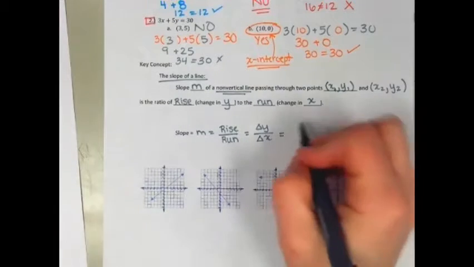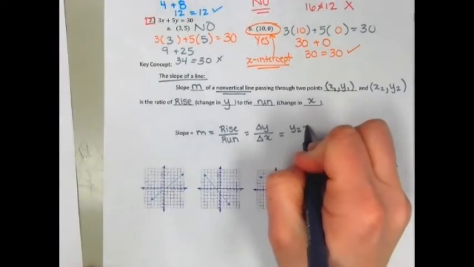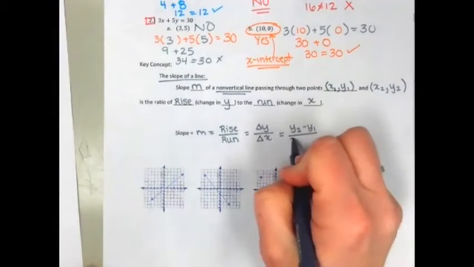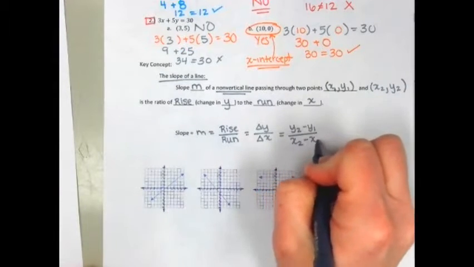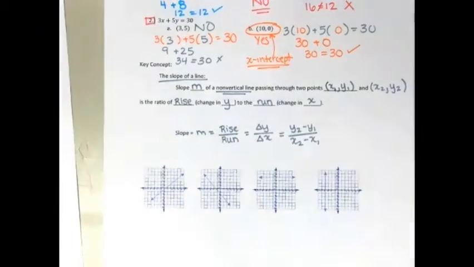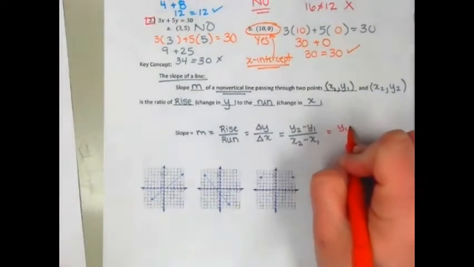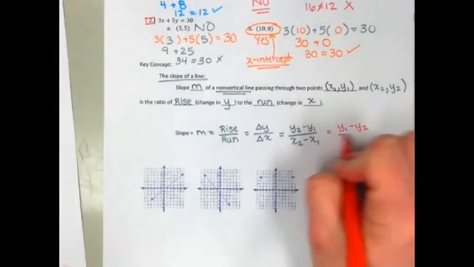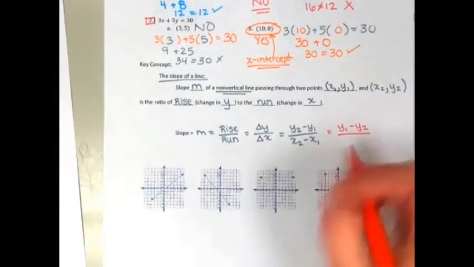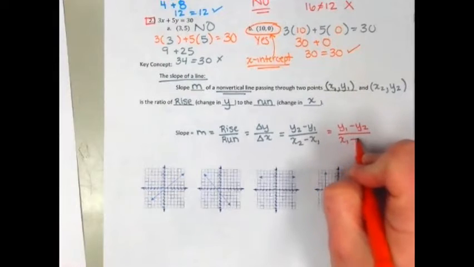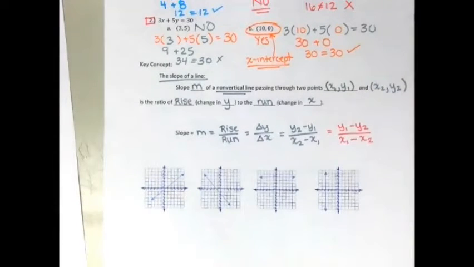You subtract. So you subtract the y values over the subtraction of my x values. And we always write it as y2 minus y1 over x2 minus x1. But it's okay if you do y1 minus y2, as long as you do what in the denominator? Take x1 and subtract off x2. So if you switch the numerators, make sure you switch the denominators.